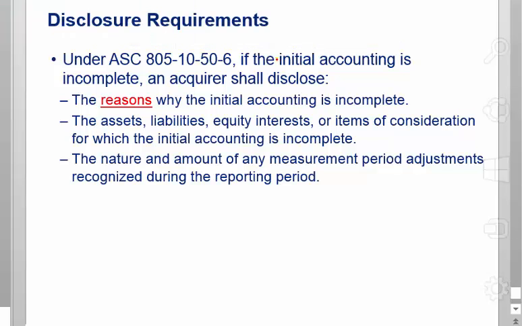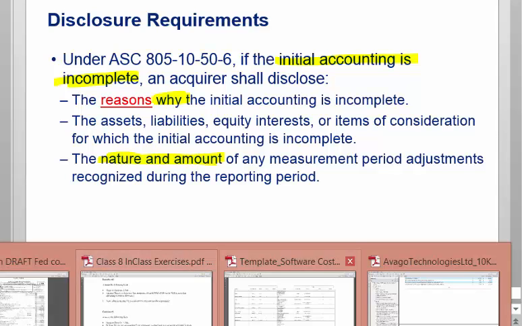So if you say the initial accounting is incomplete, then you're supposed to say why and the nature and the amount of anything that's still in flux. Okay? So let's see if we can find it in the Avago 10K.